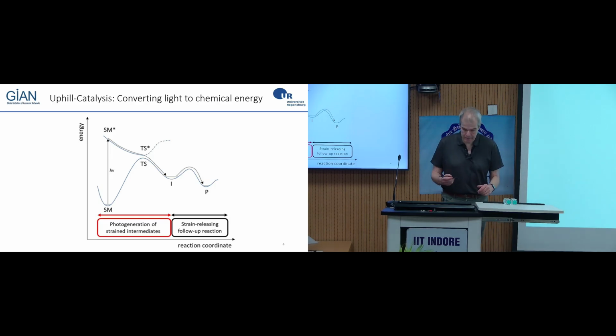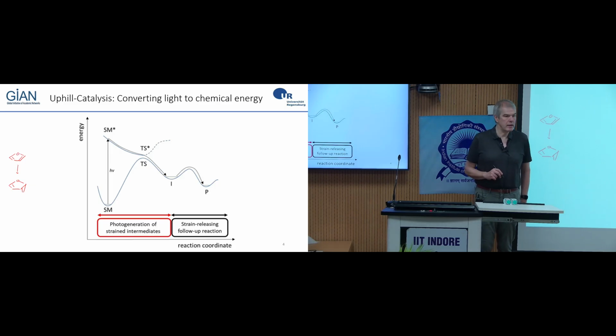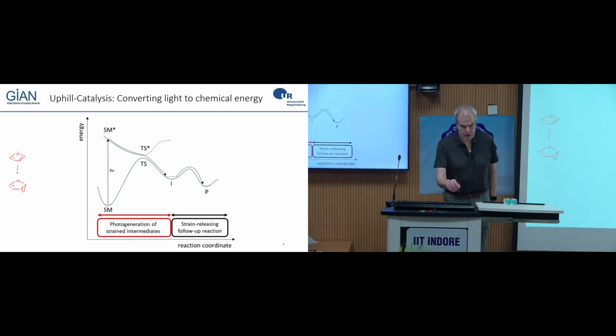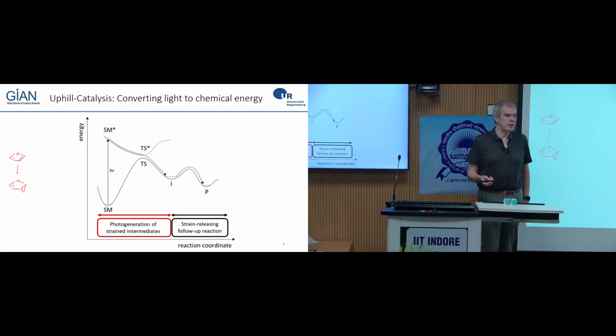And one of the examples for this, which we looked at earlier, is that if you do the cyclopropanation of a furan, this would be energetically uphill if you would just look at this alone. You break the aromaticity, you make a strained ring, and so on and so on.